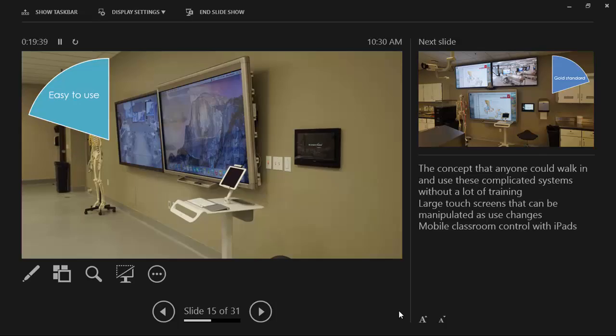If the instructor decides that they want everybody to see what's happening on the presentation on station 8, they can have it on a cart right there. They push one button, and now that source is going to all the displays in the room. So those were a couple of ways that we wanted to make it easy to use and mobile to use the technology.